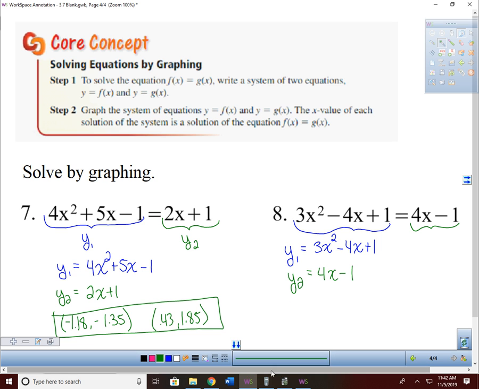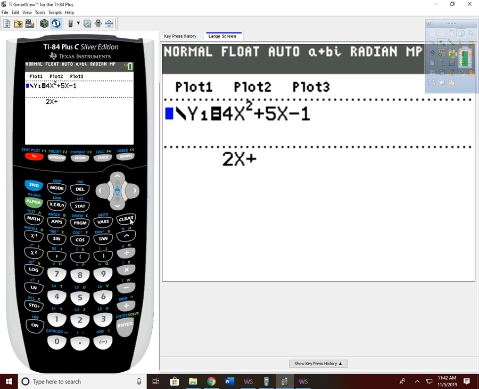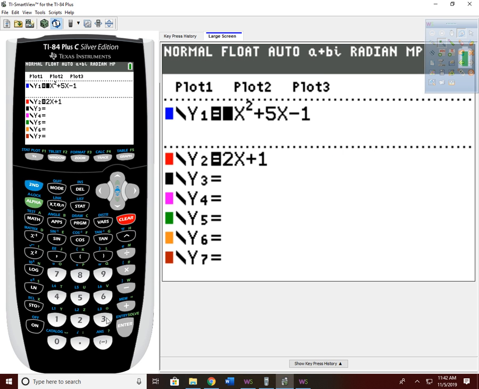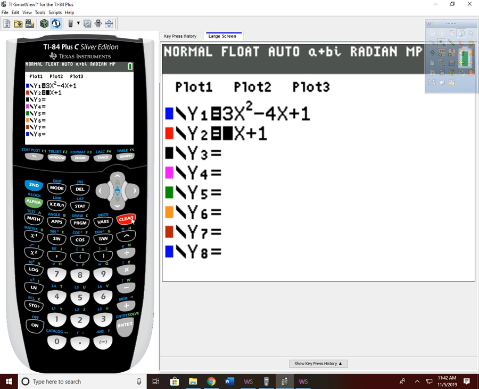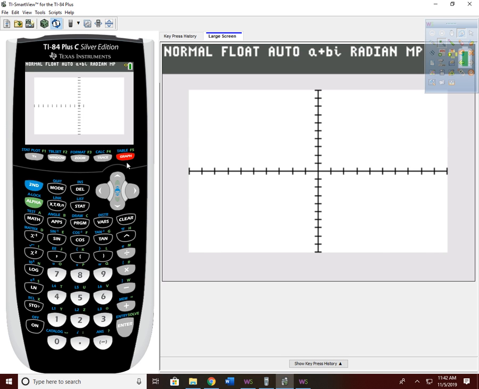So I'm going to go ahead and put those in my calculator. So the left-hand side was 3x squared minus 4x plus 1, making sure that I'm careful about putting my numbers in. And then you have 4x minus 1. Graph that. The first one will be my parabola. The second will be my line.